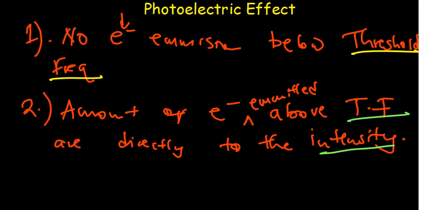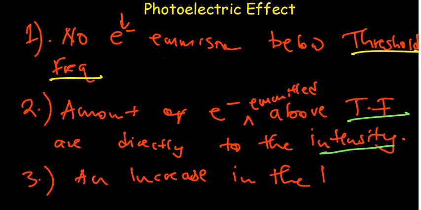The third point under the photoelectric effect is that an increase in the intensity of light, when the threshold frequency is not met, does not produce any electrons.